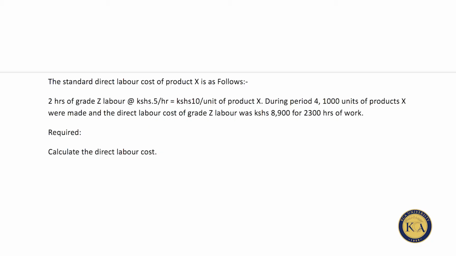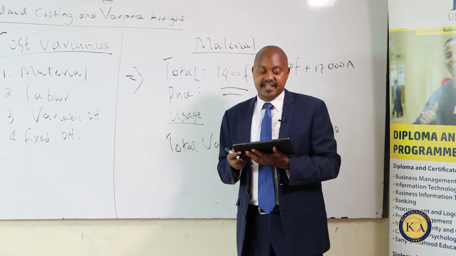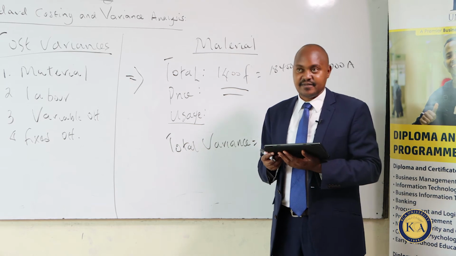The standard direct labor cost of product X is as follows. 2 hours of grade Z labor at Kenyan shillings 5 per hour, which is 10 shillings per unit of product X. During period 4, 1,000 units of product X were made and the direct labor cost of grade Z was 8,900 shillings for 2,300 hours of work. We are supposed to compute the direct labor cost variances.